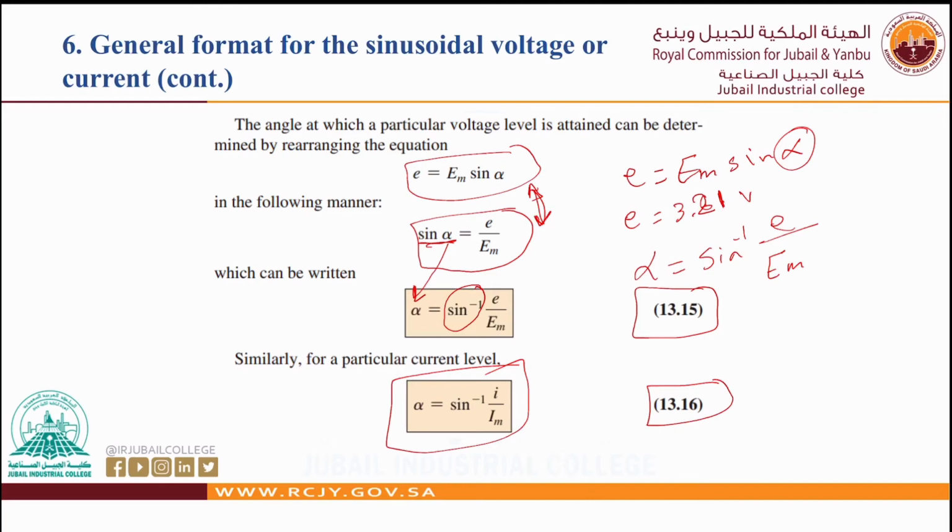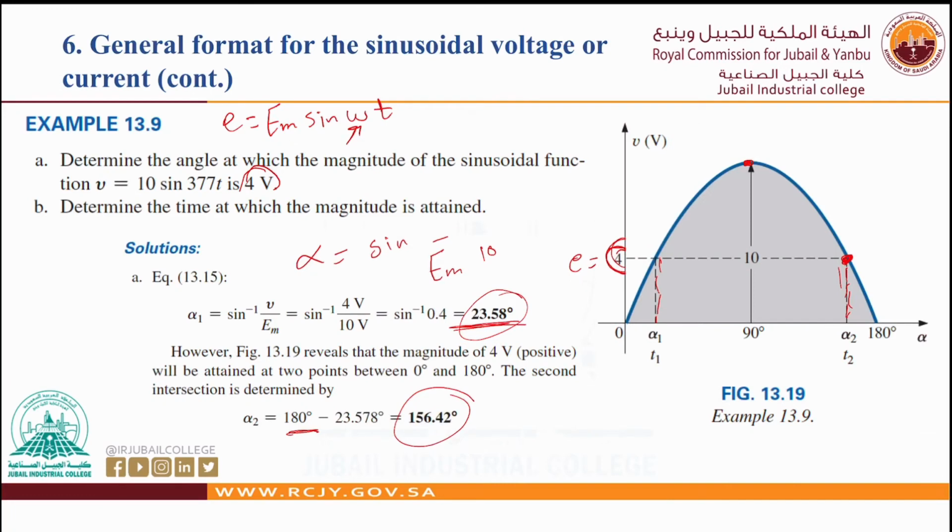So if you need an angle between 0 and 90 degrees, you can use those formulas. But if you need more than 90 degrees, you should use alpha equal to 180 minus that angle. It will give you the rest of the angle, the same as here.